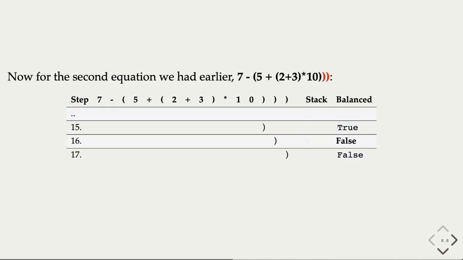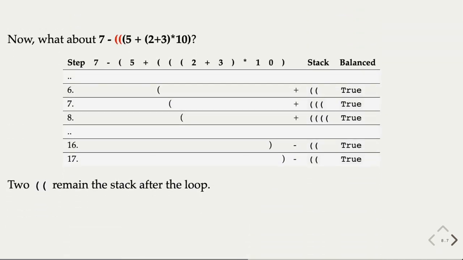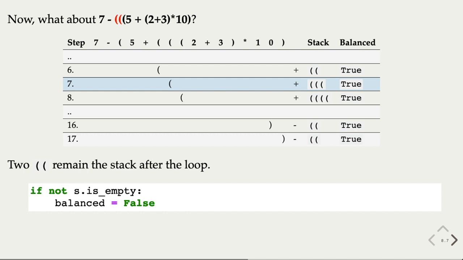Now let's look at another example where instead of having extra close parentheses, we have extra open parentheses earlier in the formula. So with the extra opening parentheses in the formula, they will be added to the stack early on.